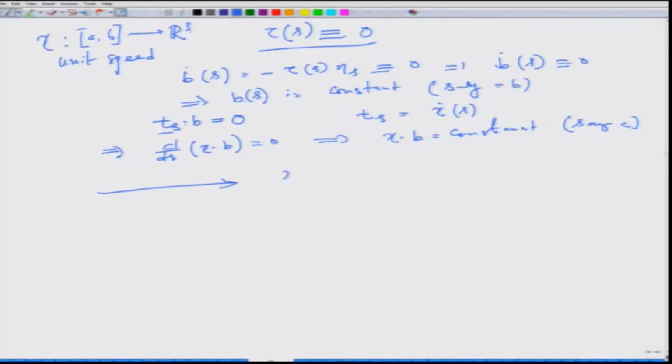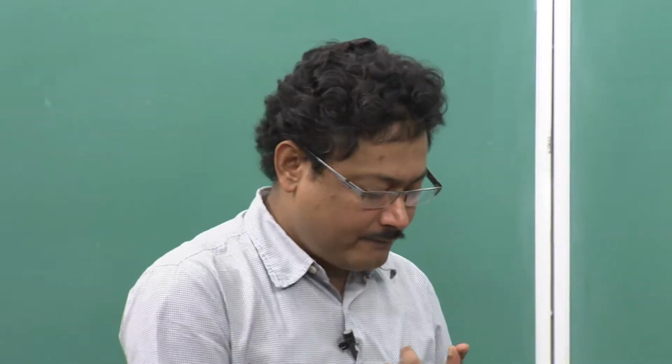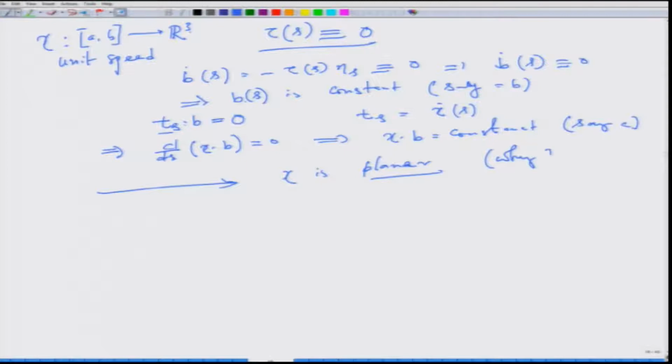That gives gamma is planar. Why? If I have a curve in R3, I cannot have a fixed unit vector B whose dot product with it is always constant. Why is it so?